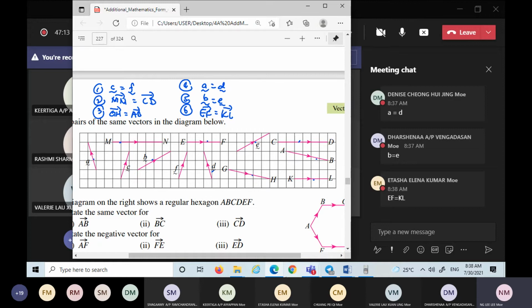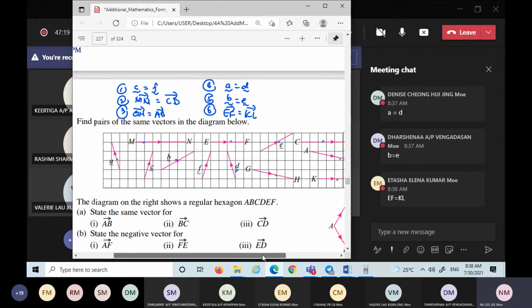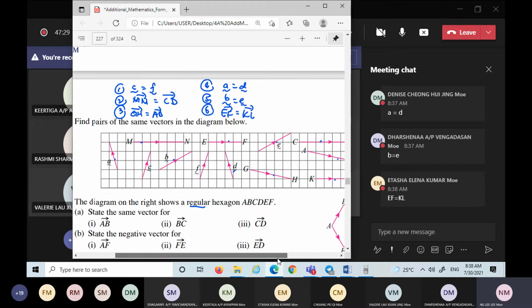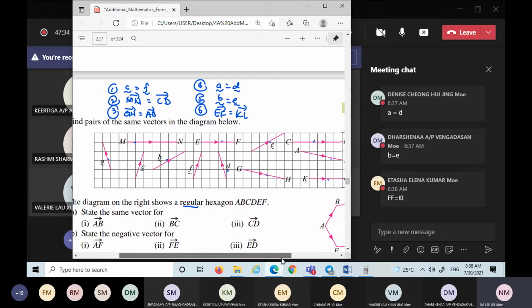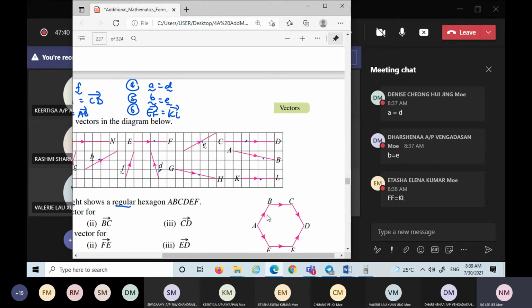Next, question number 5. The diagram on the right shows a regular hexagon. Regular means the lengths are all the same, so the same length means the same magnitude, no? Then for the hexagon, which ones have the same direction, or are parallel?